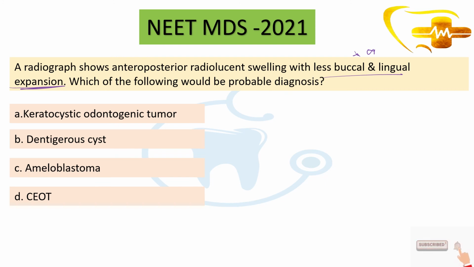Dentigerous cyst, ameloblastoma and CEOT show minimal to moderate expansion of the bone, except for keratocystic odontogenic tumor, that is they have given it as KCOT or OKC. So this is the answer.